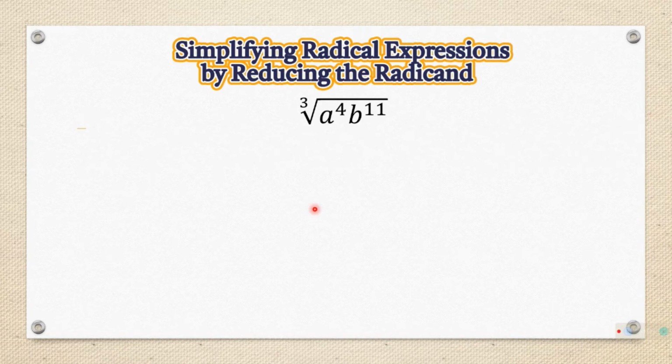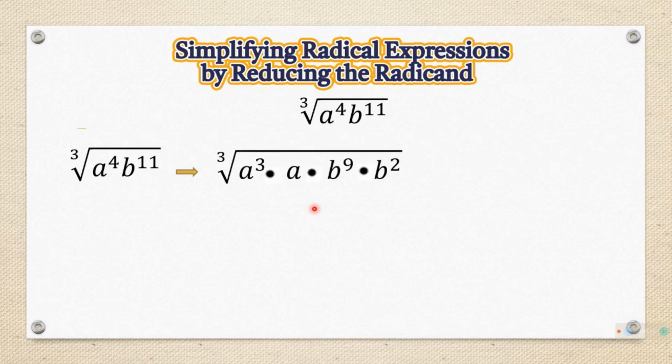What if our exponent is not divisible by our index? For this example, we're going to factor out the variable wherein one factor is divisible by our index. A raised to 4 can be factored as a cubed times a, and b raised to 11 can be factored as b raised to 9 times b squared.